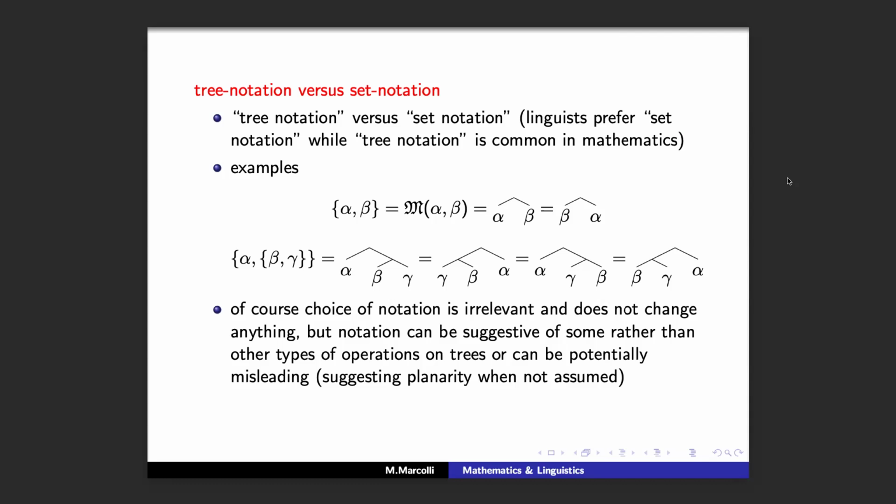I think we don't really have to worry about it, because as mathematicians we're completely used to saying the tree is not planar, fine, it's not planar. So I will ignore all the notational discussions that linguists often have.